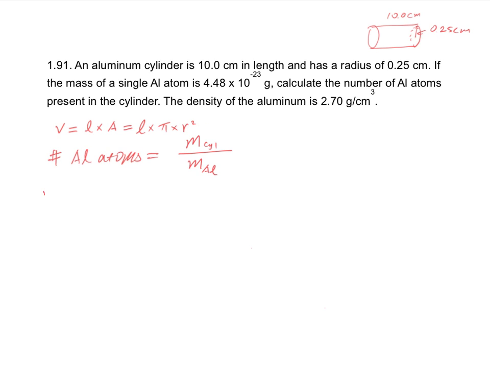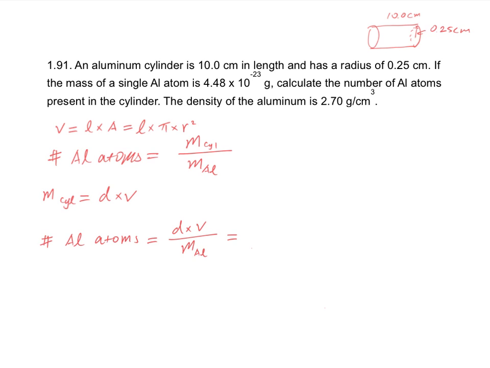The mass of the cylinder equals the density of the aluminum times the volume. If we plug this back into the equation, the number of aluminum atoms equals the density times the volume, divided by the mass of a single aluminum atom, and the density we know.